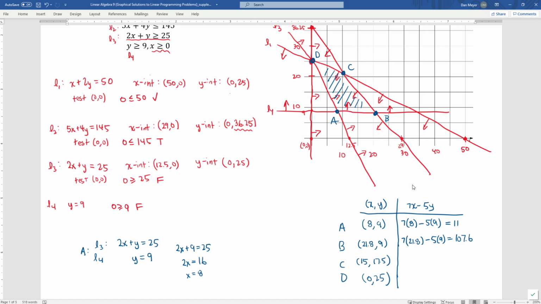For point C, we're doing 7 times 15 minus 5 times 17.5. That gives me 17.5.